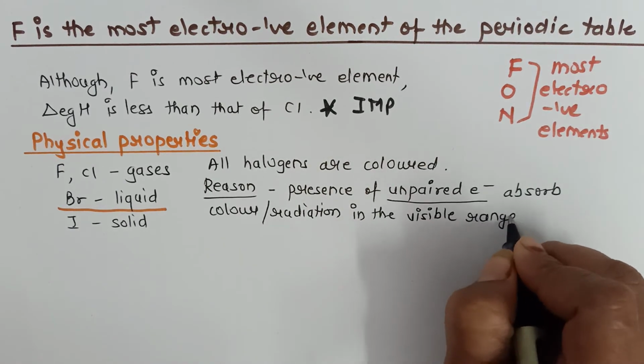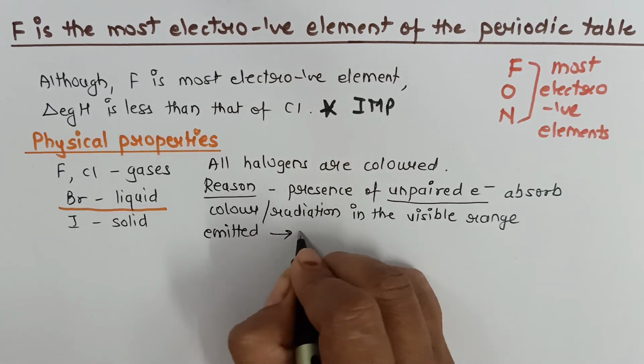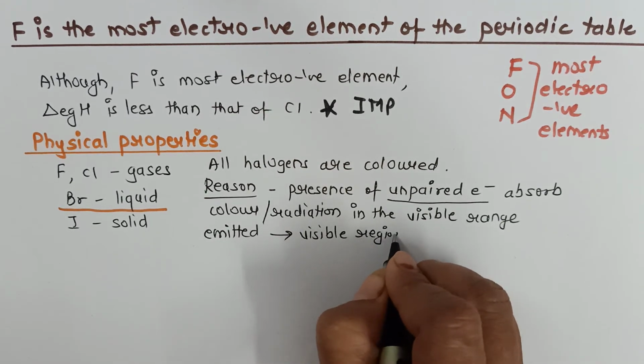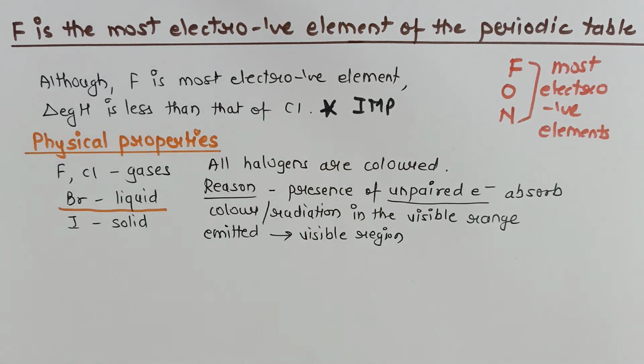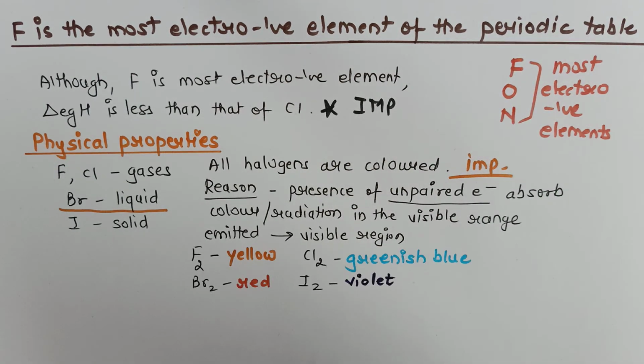And this absorbed colour will be emitted out again in the visible region. And therefore all the halogens are coloured substances. This is your important give reason question.